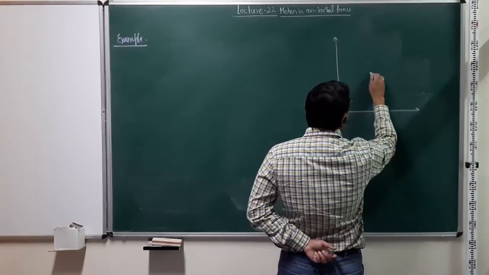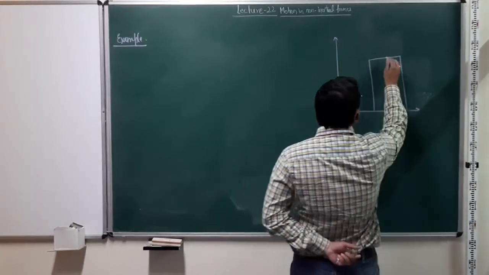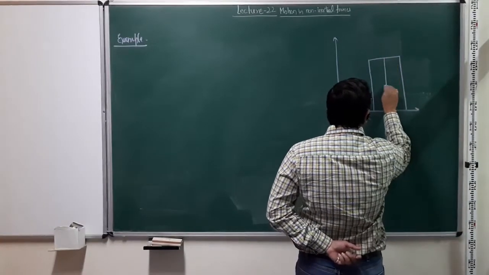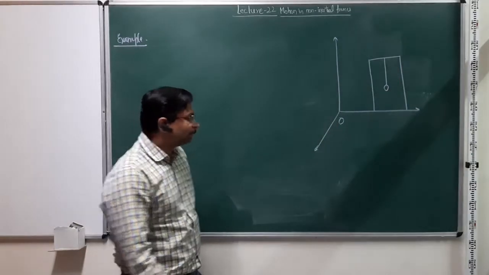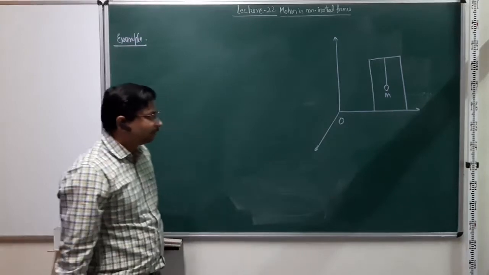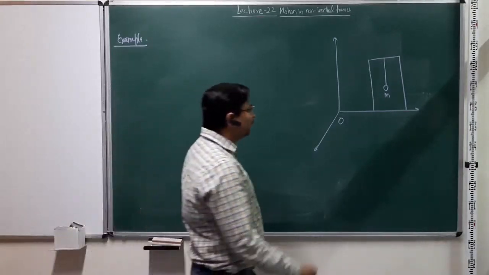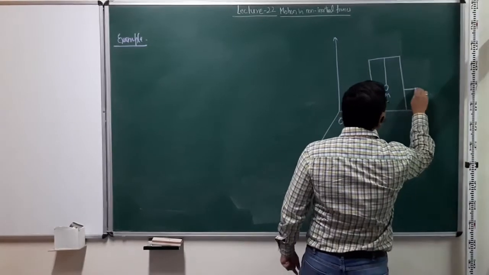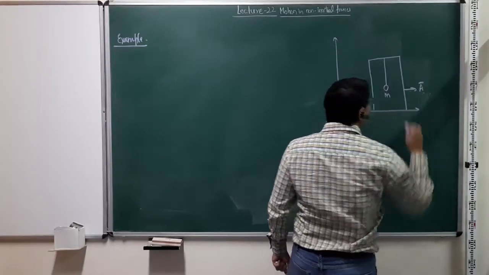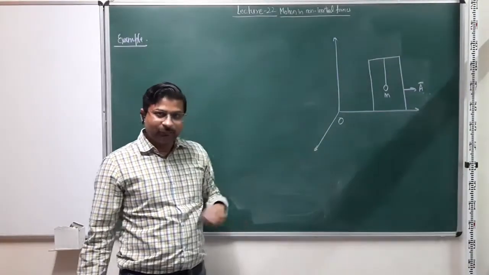And let's say I have a container in which I have hung a mass M connected to a massless string to its ceiling, right? And these are all the initial conditions. And this container itself is moving with an acceleration A with respect to the reference frame O, right?